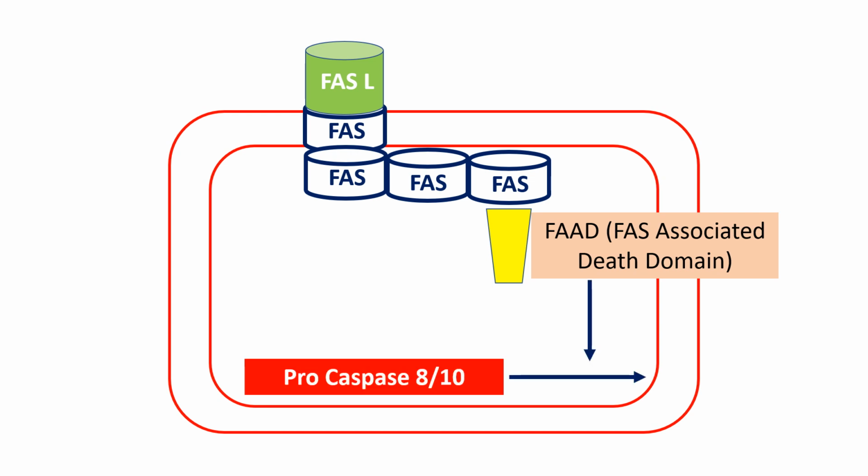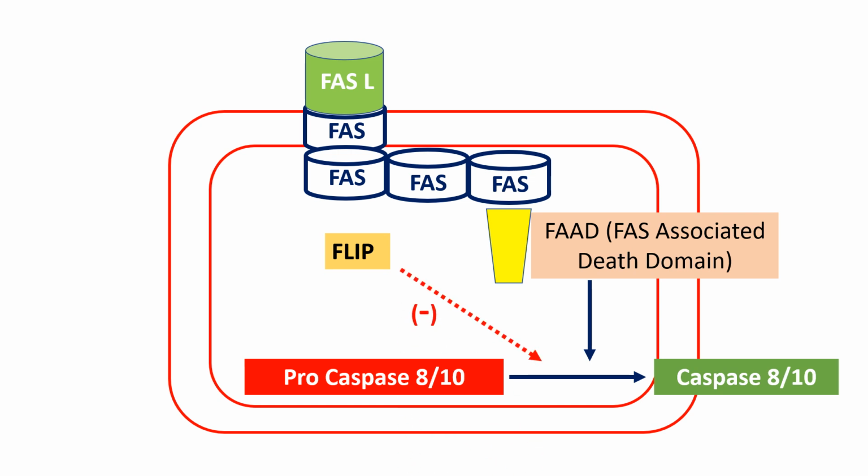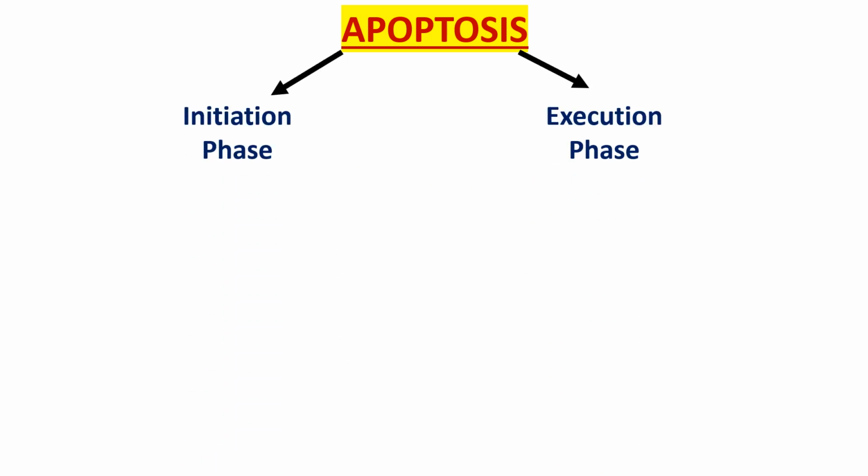This FAS associated death domain will cause conversion of procaspase 8 or 10 into caspase 8 or 10. Another thing is we have a protein FLIP which keeps this conversion of procaspase 8 or 10 into caspase 8 or 10 in check. Now let's discuss apoptosis once again. In apoptosis we have an initiation phase and an execution phase.